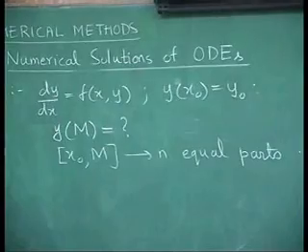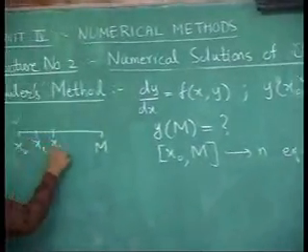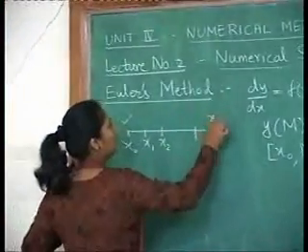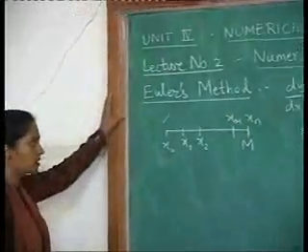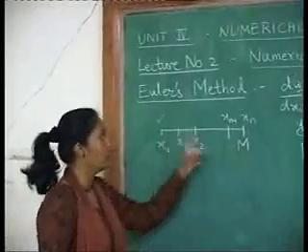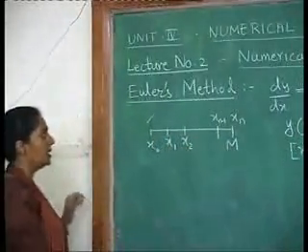So we will have points like x1, x2, x3 and so on, up to xn, and the second last point will be xn minus 1.